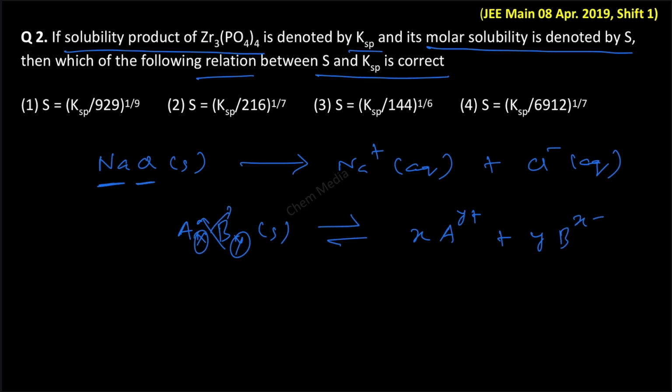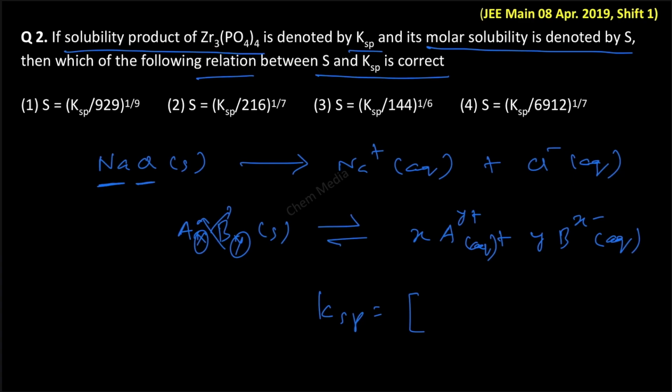plus Y times B to the power X minus. So, to find out the charges, we have to cross multiply, and we know that Ksp is the product of molar concentration of the constituent ions, each raised to the respective stoichiometric coefficient.